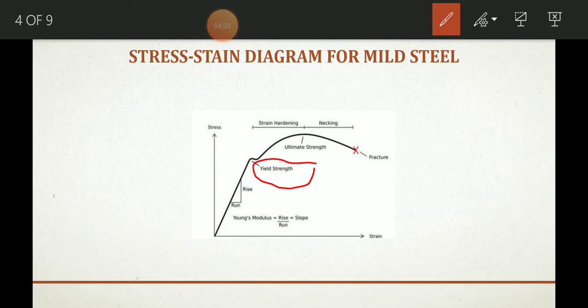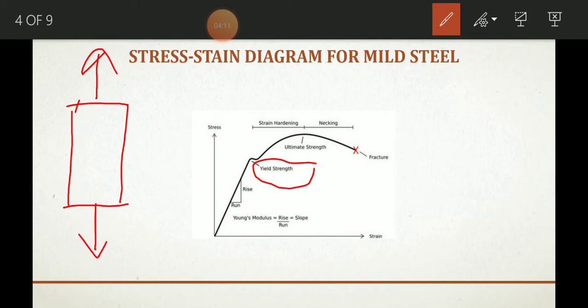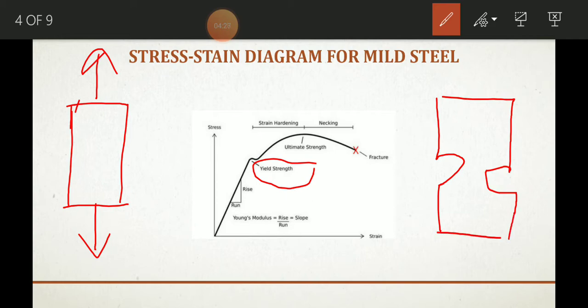Suppose you take a material like this, and in the universal testing machine we apply a tensile stress. Once the material enters the yield zone, it will tend to take a shape like this. There is a sudden decrease in the cross sectional area in this region, and we call it the neck region, which comes under the upper yield and lower yield point.